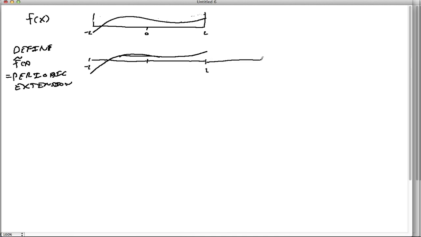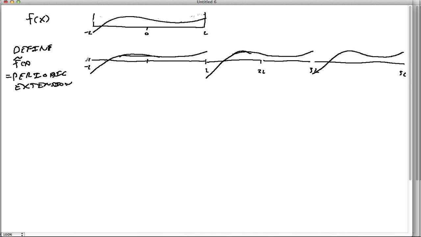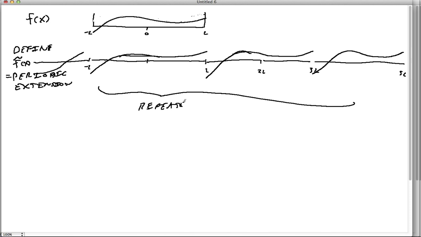And then when we go to 2L and then 3L, it does the same thing again. And then when we go to 5L, it does the same thing again. And now if we go backwards, there's the same thing again. So what we do is we just do repeated versions of f onto the real line.